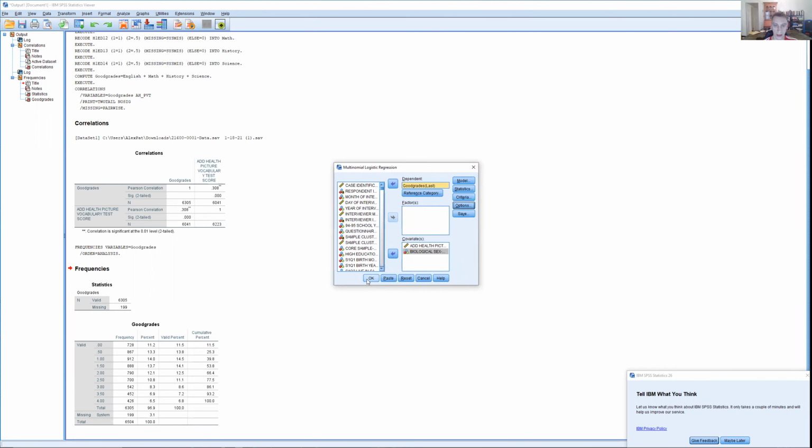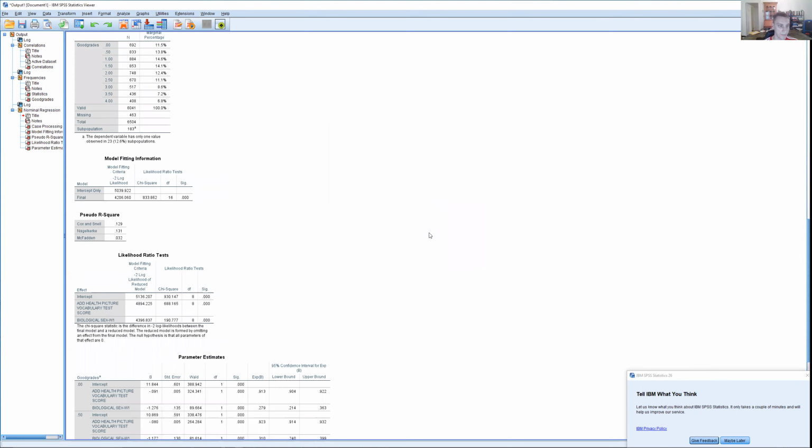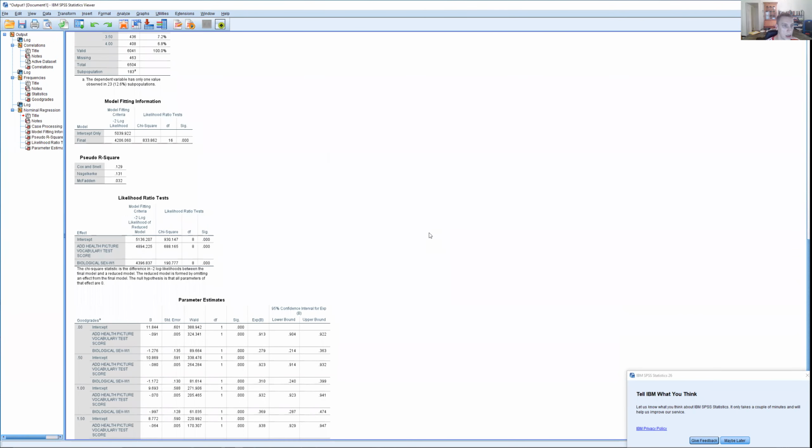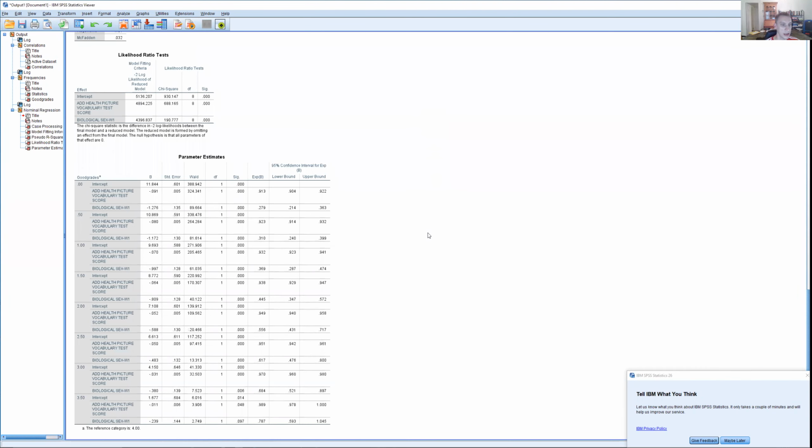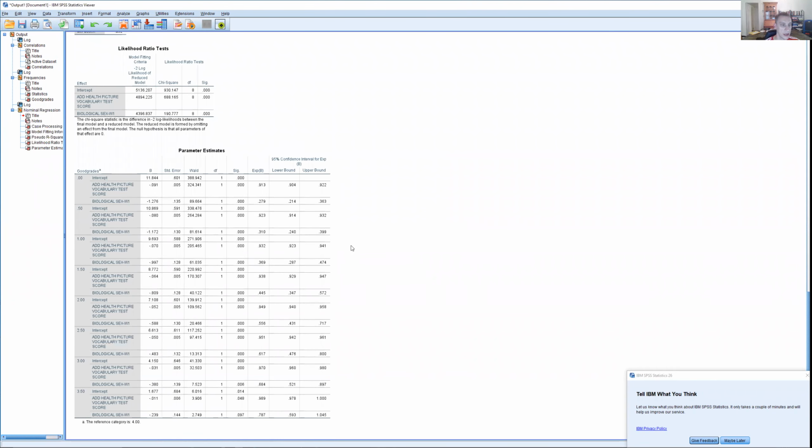Okay, and so our output here is showing that the higher your score on the picture vocabulary test, the lower your odds of being in this low grade group as compared to the reference category, the high grade group, which makes sense.